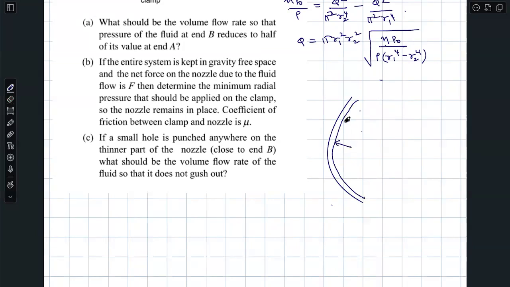ఎవ్రీ పాయింట్ దగ్గర ప్రెషర్ ఫోర్స్ ఉంటుందిగా. ఇదే నార్మల్ ఫోర్స్ అక్కడ. సో నార్మల్ ఫోర్స్ ఏమవుతుంది? ప్రెషర్ టైమ్స్ 2πr1 p. That is the pressing force.